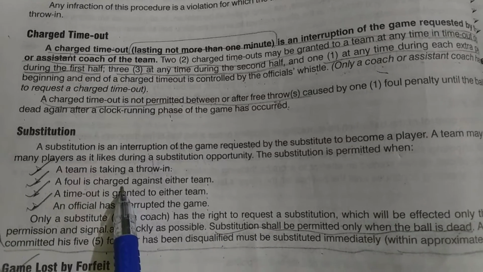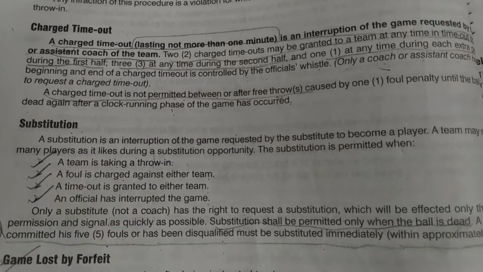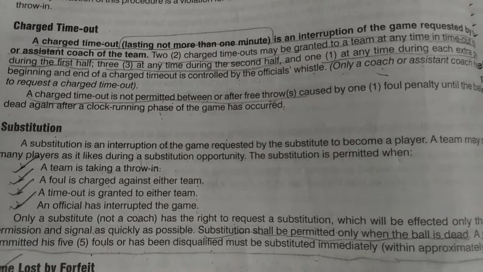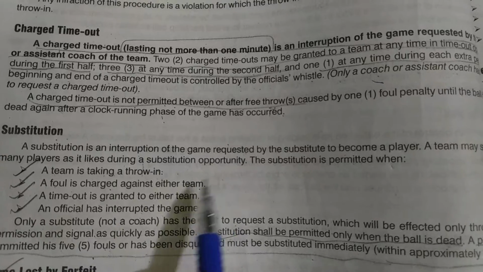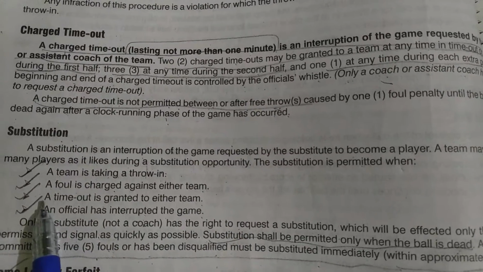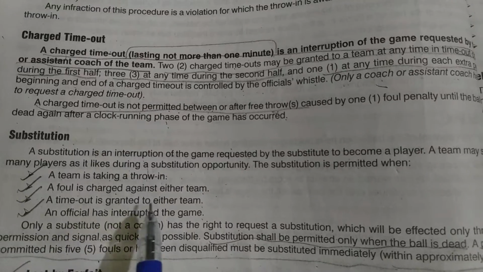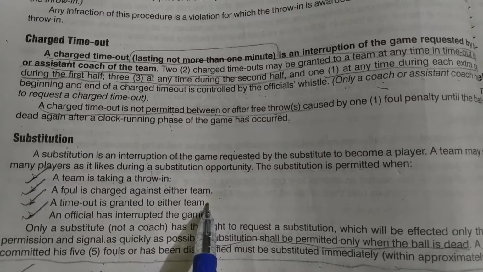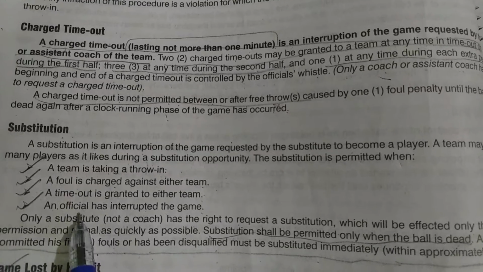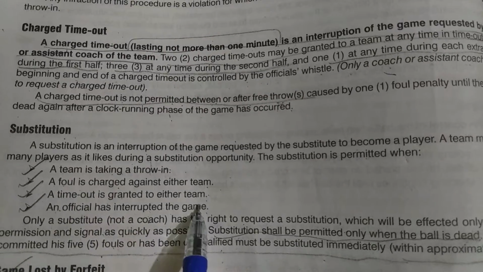Second is when a foul is charged. Any foul, any personal foul, any technical, any unsportsmanlike foul, otherwise any infraction of the rule against either team. Clear? This one, against either team. Next, third is when a timeout is granted to either team. So you have to change the player. Number four is when an official has interrupted the game.